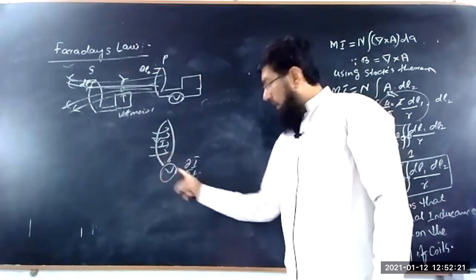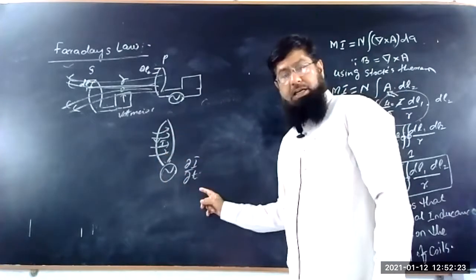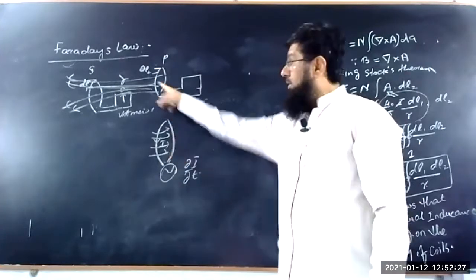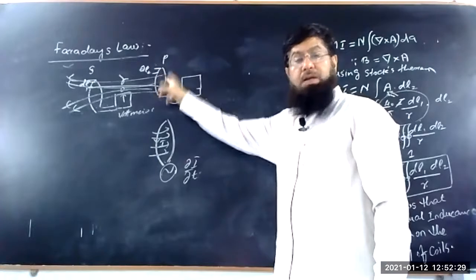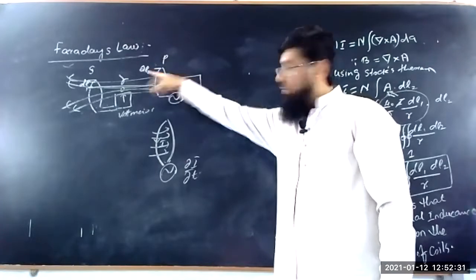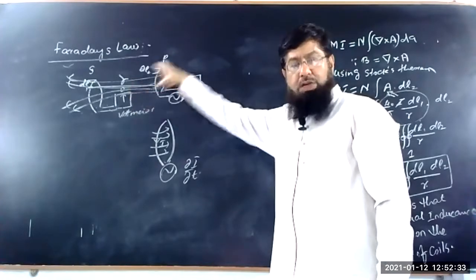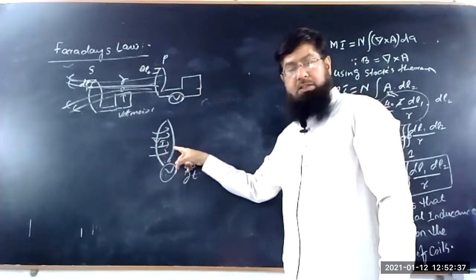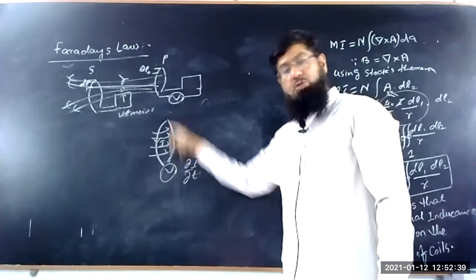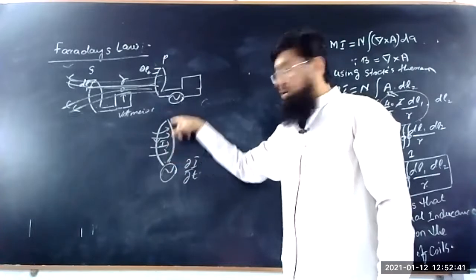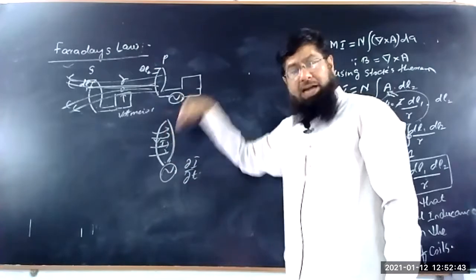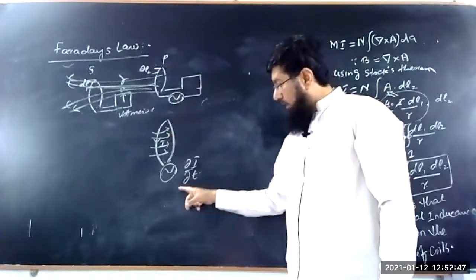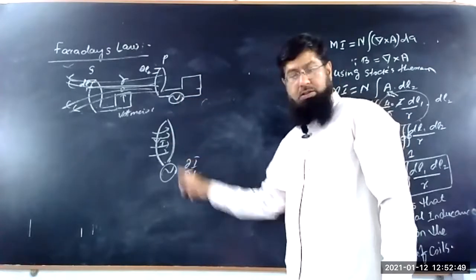So the AC current is flowing in the coil. It will produce a magnetic flux, and that magnetic flux passes through the same coil. We don't have a secondary coil. We have only one coil. So here magnetic flux passes through the same coil and produces EMF in the same coil. That induced EMF produced by the rate of change of flux is opposite to its cause.